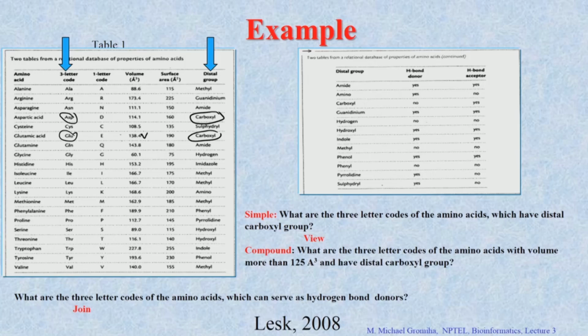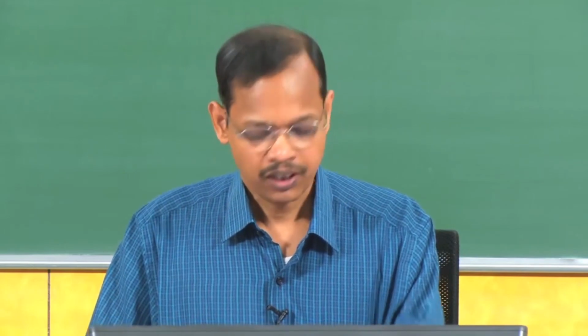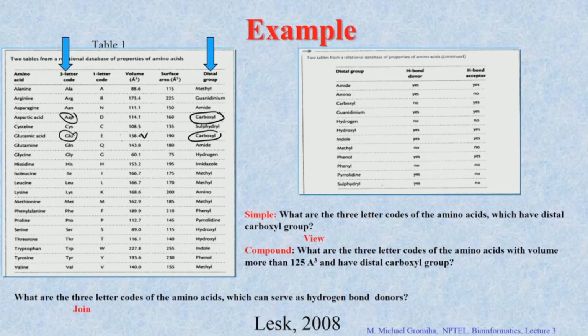Now the next question: what are the 3-letter codes of amino acids which can serve as hydrogen donors? Is this information available in table 1? No. Is this information available in table 2? Donors, yes. 3-letter codes? No. So in this case you have to use both table 1 and table 2. First go to table 2.